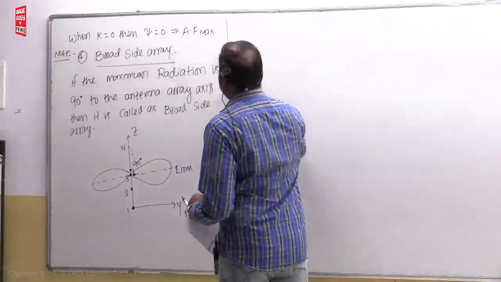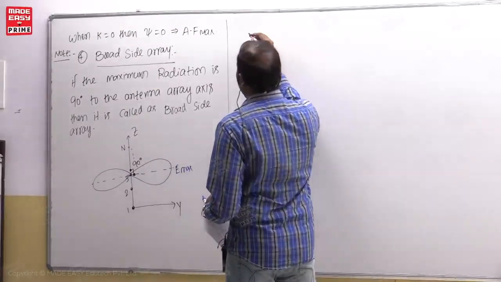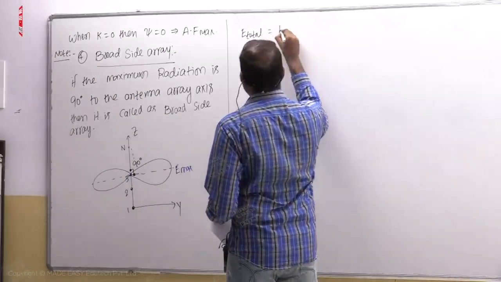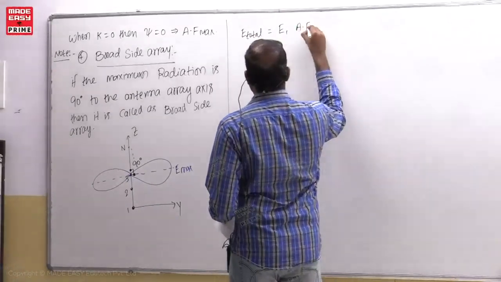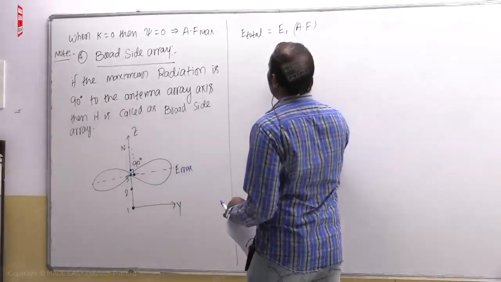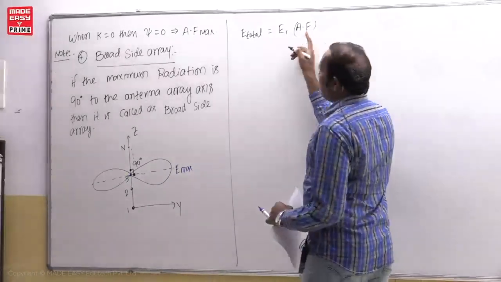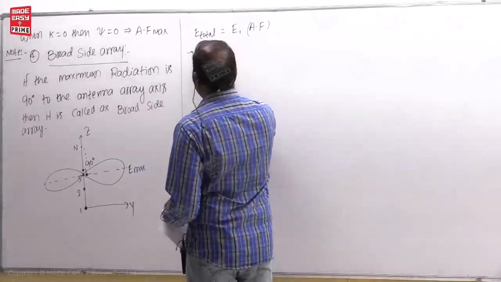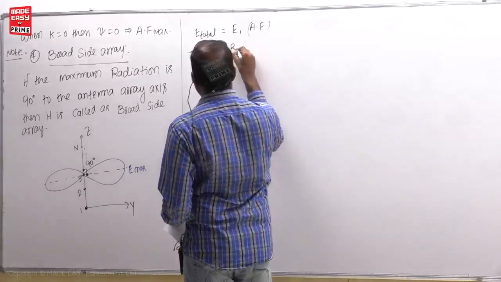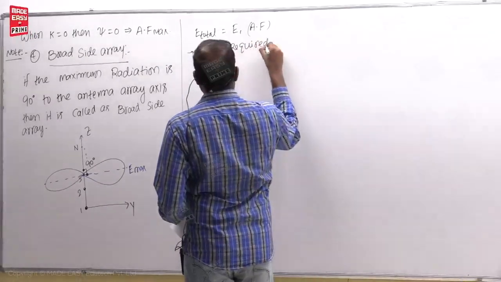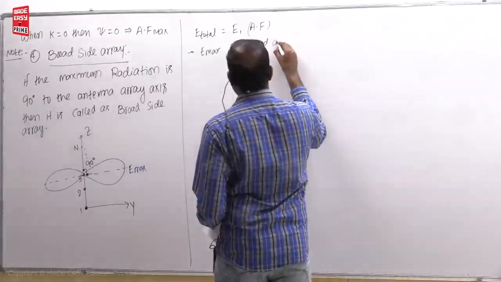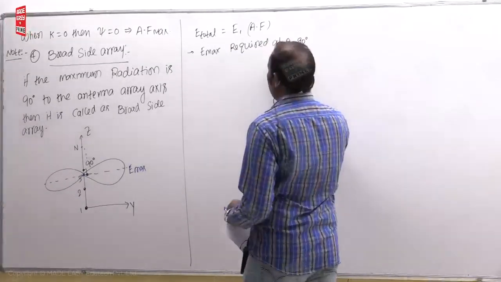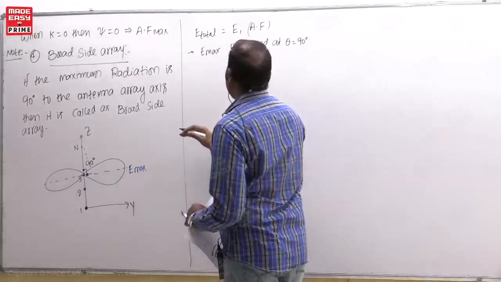So that means here you know that electric field total is equal to E1 into array factor. Now I told you, if array factor is maximum, then total electric field is also maximum. Now electric field maximum required at theta is equal to 90 for broadside array.